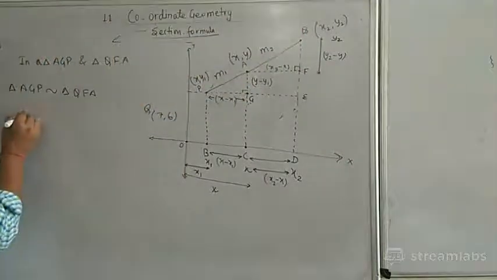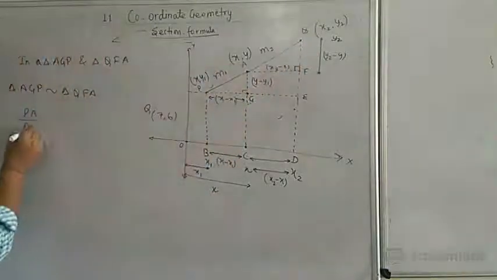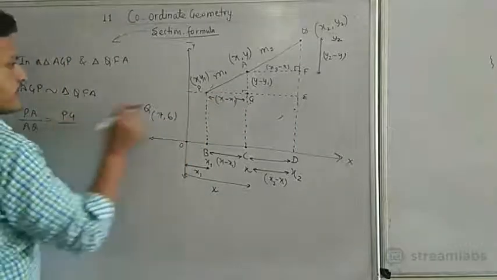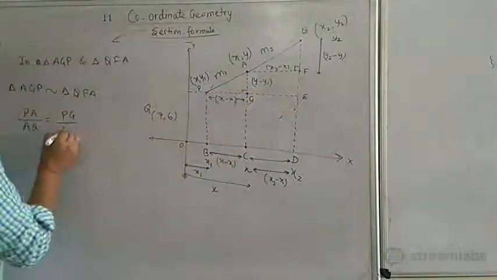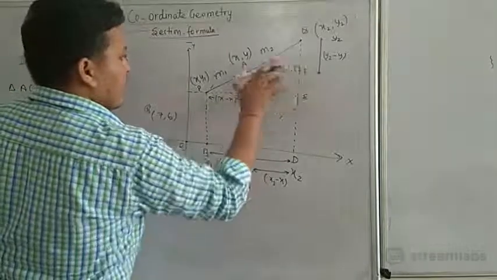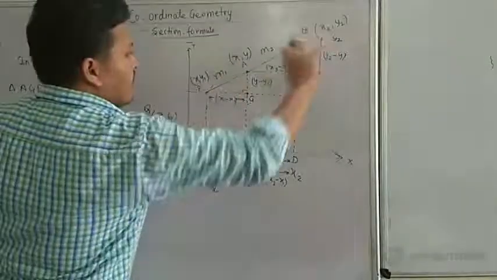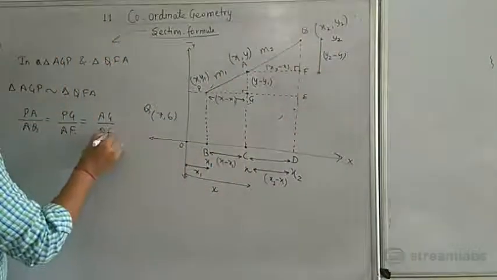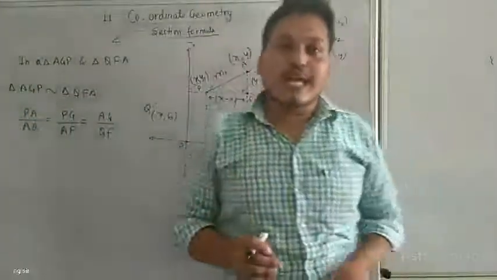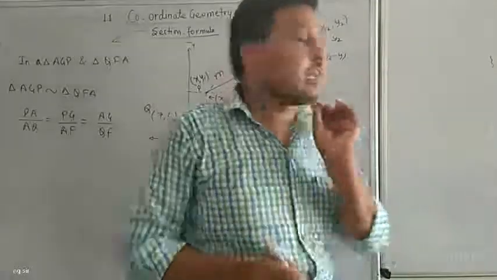The ratio of the corresponding sides, PA upon AQ is equal to PG upon AF, and last AG upon QF. This is the condition of the similarity. Listen to this thing. When the two triangles are similar, the ratio of the corresponding sides are proportional.